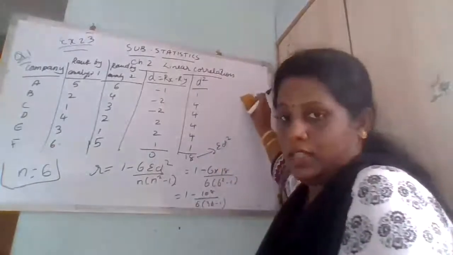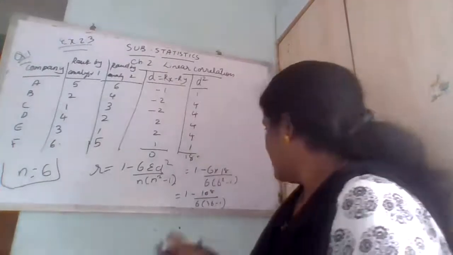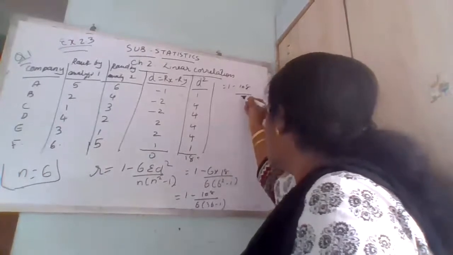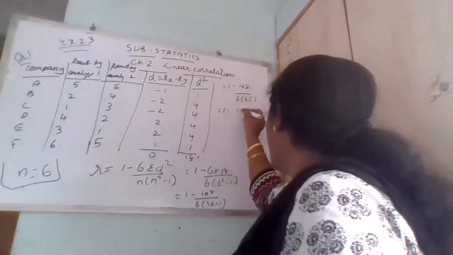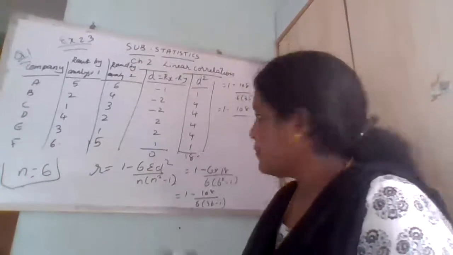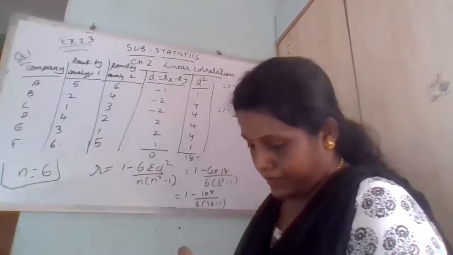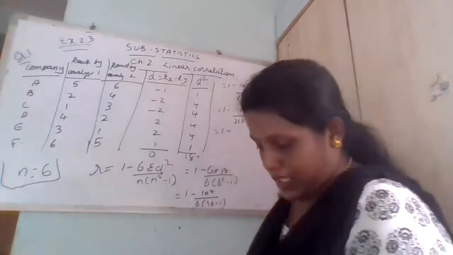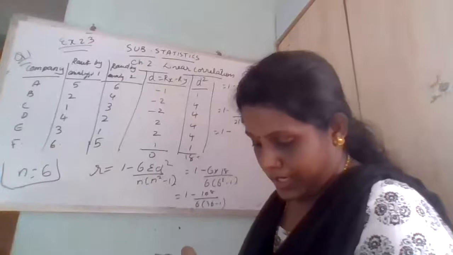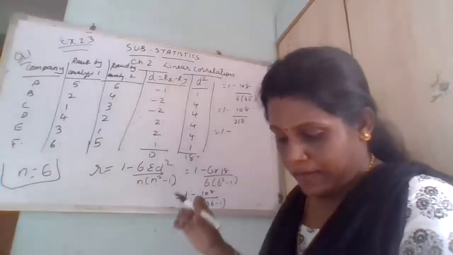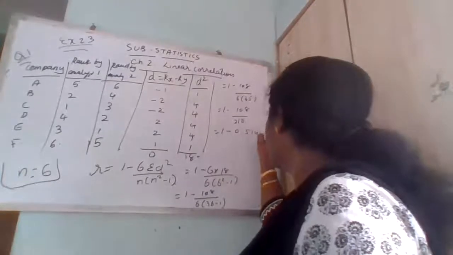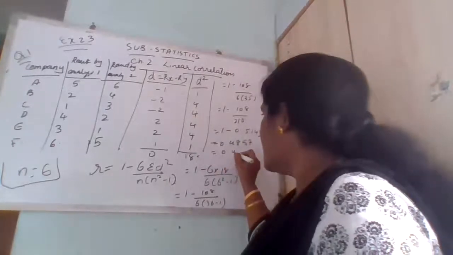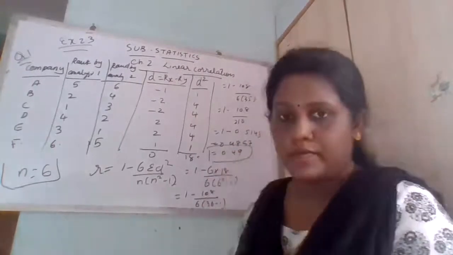Here I will do the rest of the solution. 1 minus 108 upon 6 into 35, which is 210. 1 minus 108 divided by 210 is 1 minus 0.5143, that is 0.4857. That can be written as 0.49. So this is your solution.